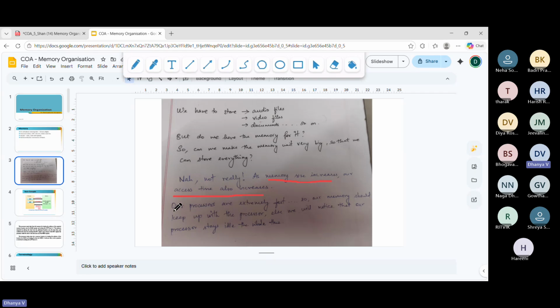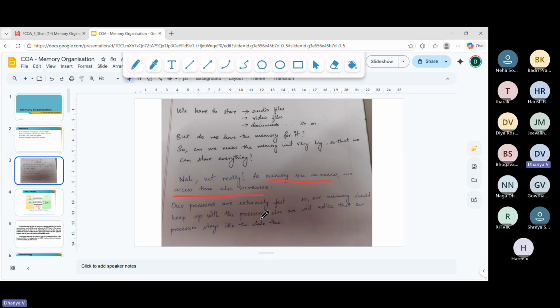Something we also have to know is that our processors are very fast. Our memory unit should also keep up with the processor, or else the processor will remain idle the whole time. If you're not able to fetch stuff from your memory unit, your processor, which is really fast, stays idle almost the whole time, so there's no use.